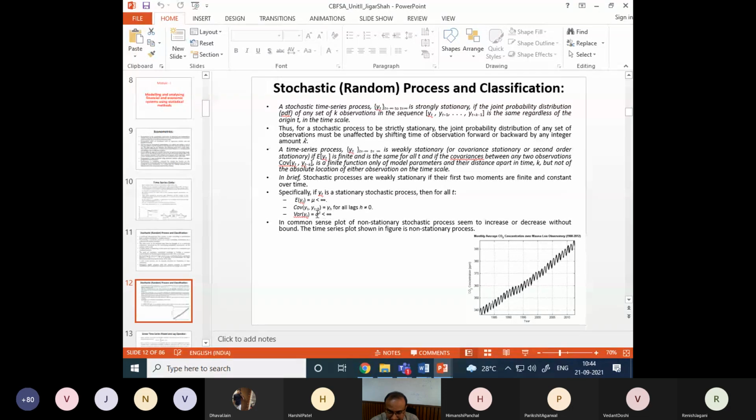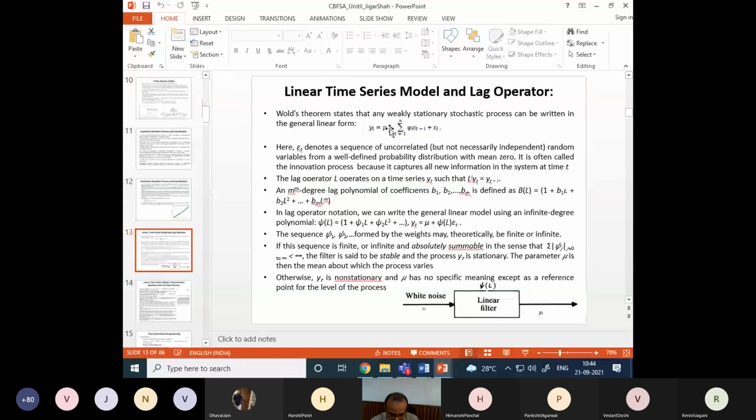So there are some conditions on the time series data so that it can become stationary, and we are interested only in the stationary random or stochastic process. Then we saw a simple linear time series model using the lag operator. You can recall it, the slides are uploaded, and we saw its polynomial representation, the filter representation.